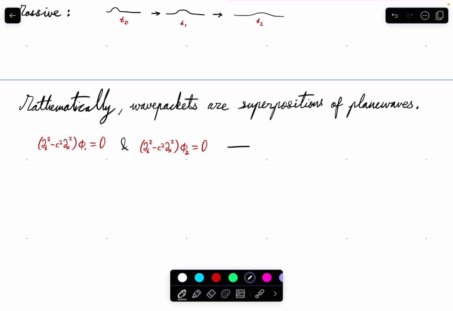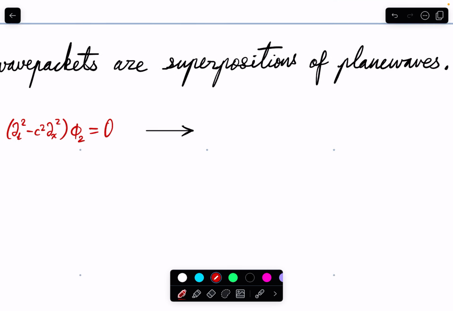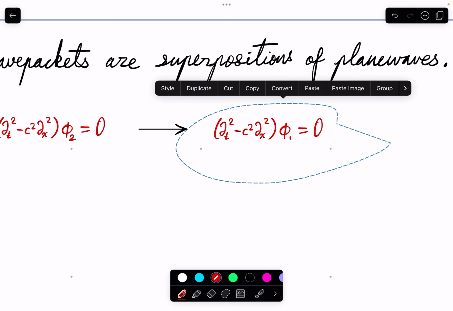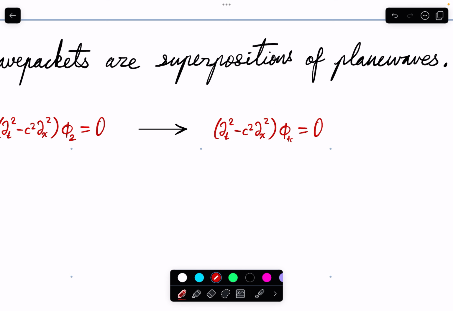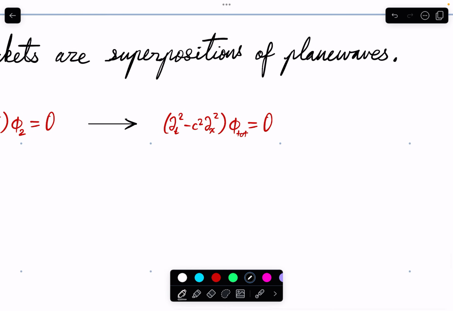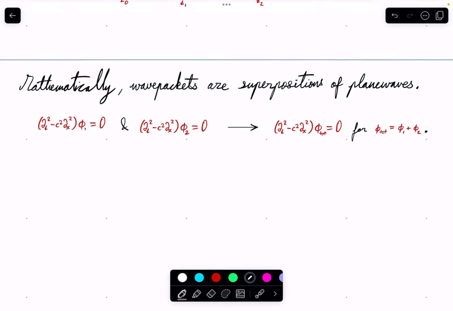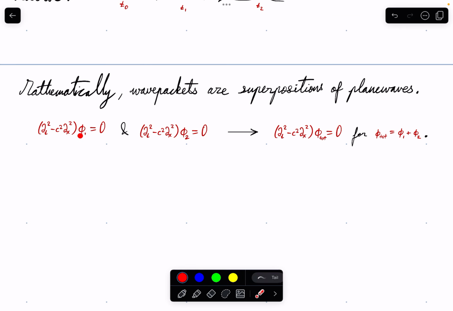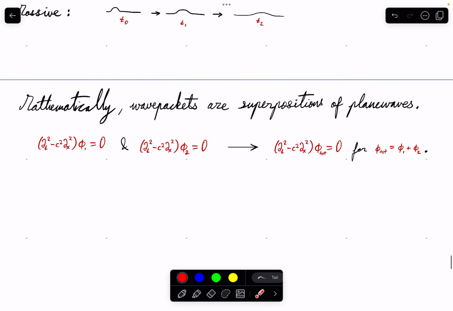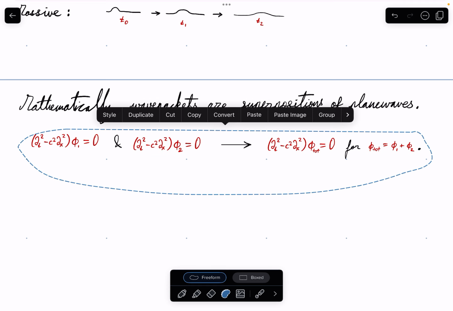Well, if this is the case, then the sum also satisfies the wave equation, which makes sense. If I plug in phi total equals phi 1 plus phi 2, I just get these two things which are equal to 0 individually. So this whole thing must be equal to 0. So that would prove that it's also a solution to the wave equation.